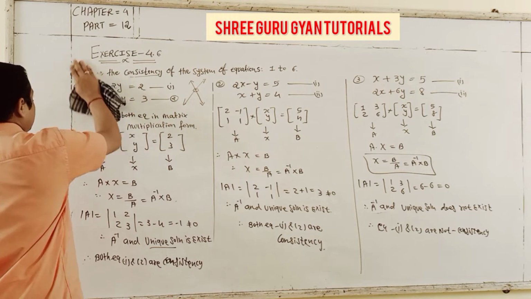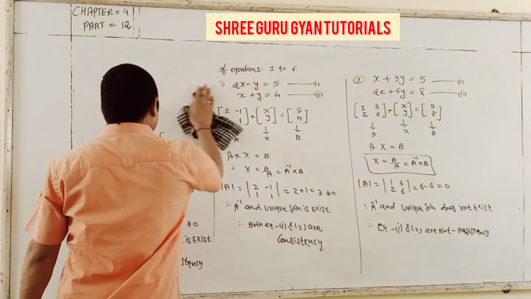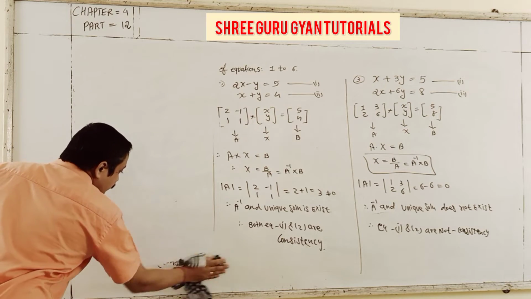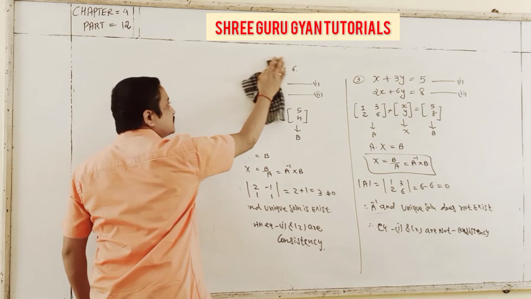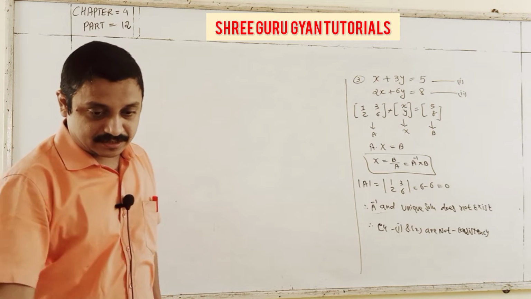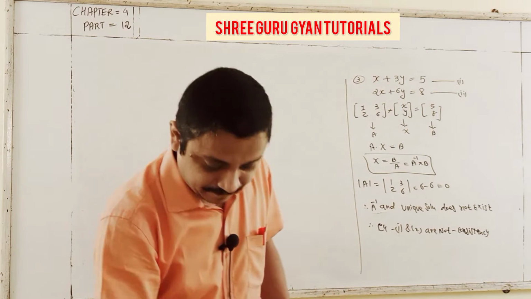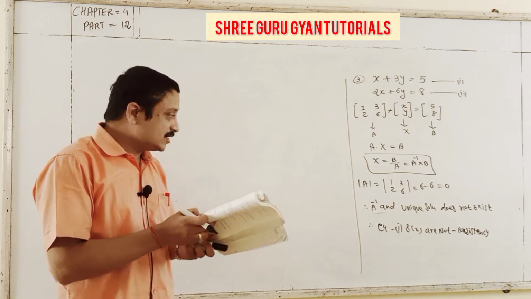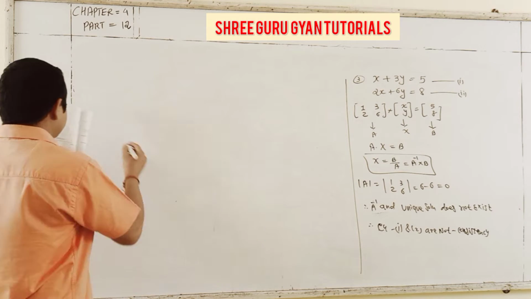Now continue. Question number 4, same process. It means inconsistent, or not consistent; both words are the same.